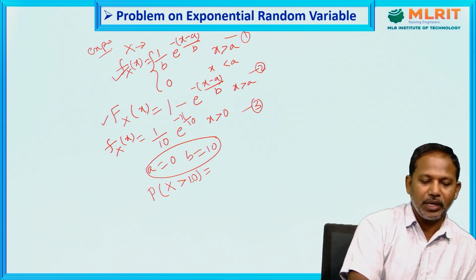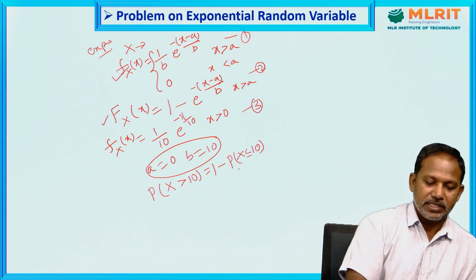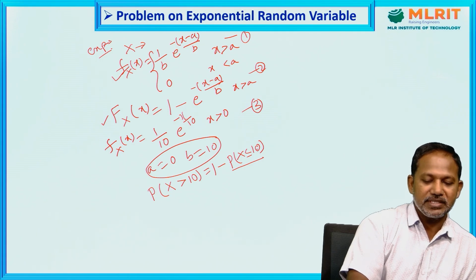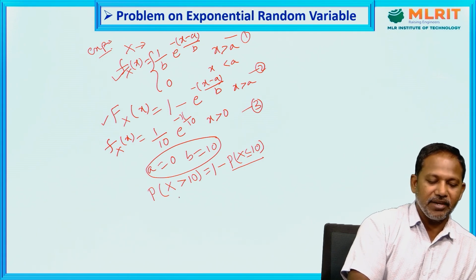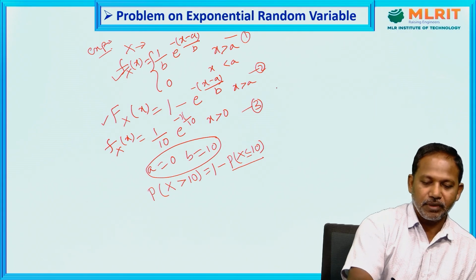Now I need to convert it in terms of the distribution function. Simply we can write 1 minus P of x less than or equal to 10, where 10 is taken as the random variable value x.